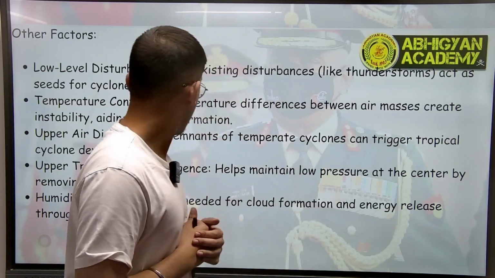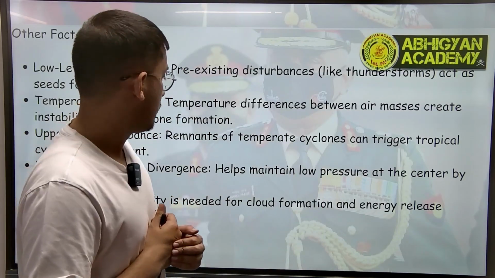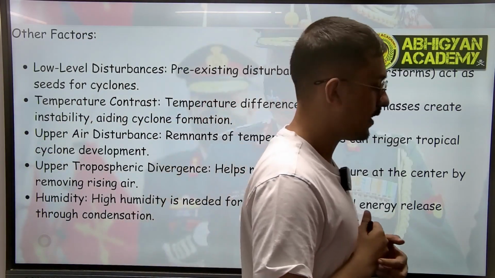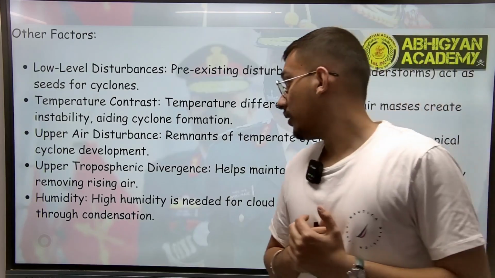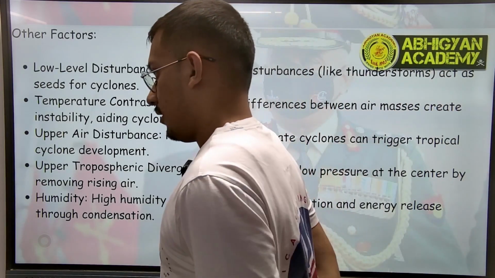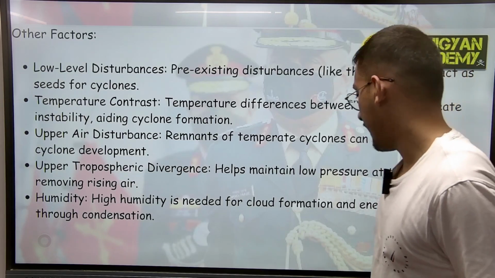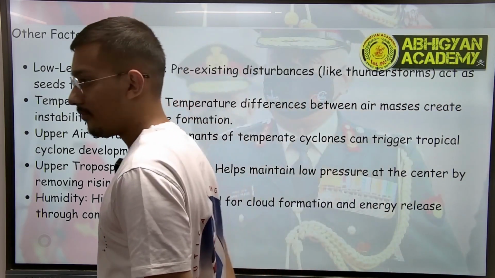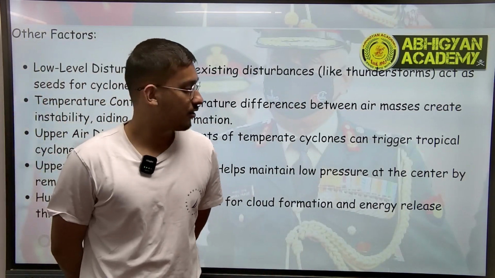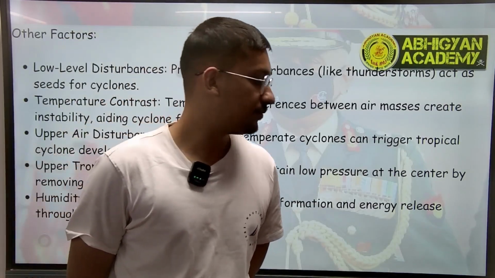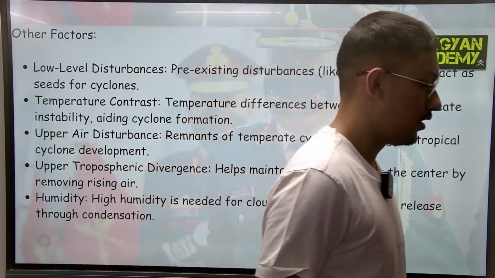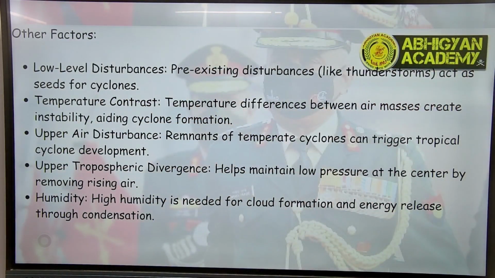Then we have upper tropospheric divergence. It helps maintain low pressure at the center by removing rising air. Then we have humidity. High humidity is needed for cloud formation and energy release through condensation. So these are the other factors for the formation of cyclones, right?